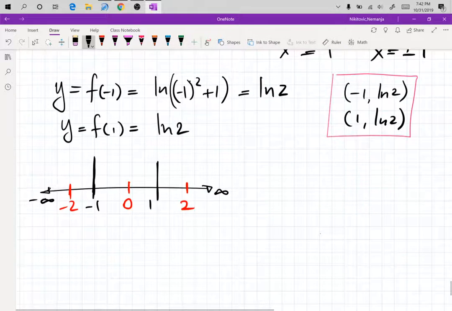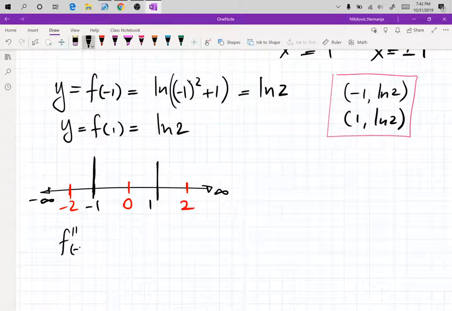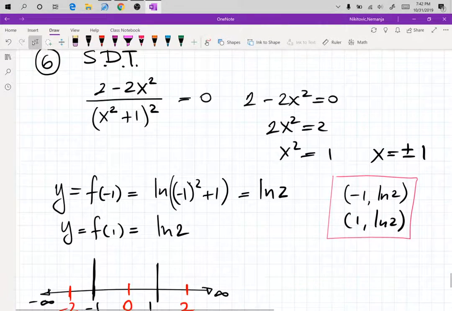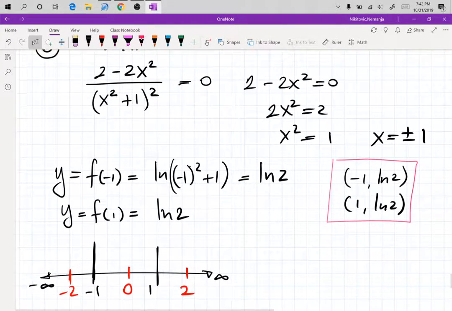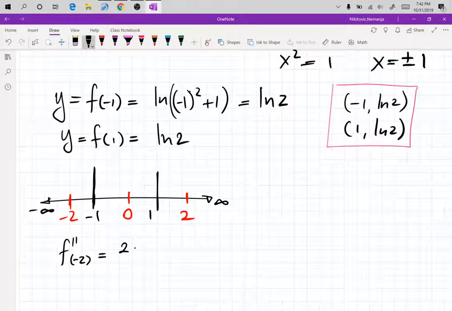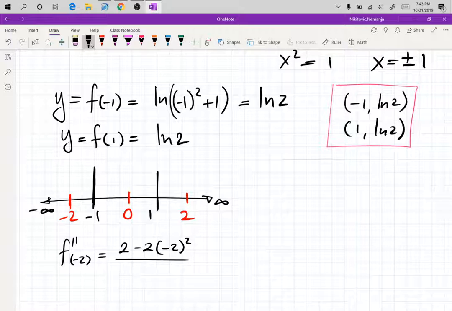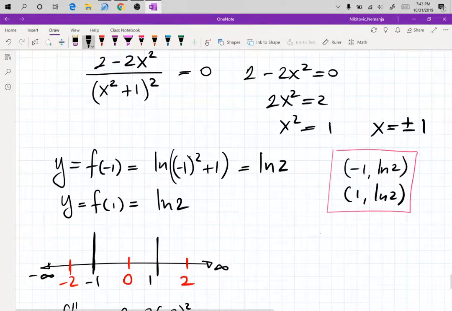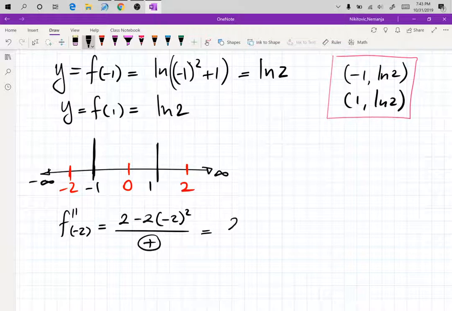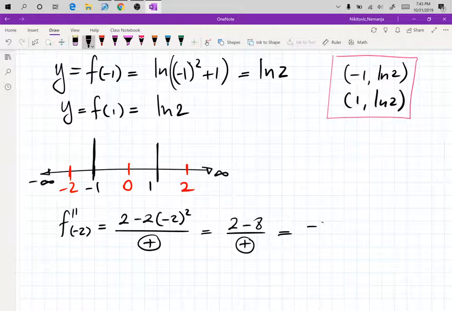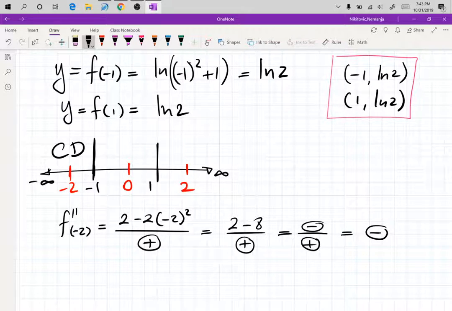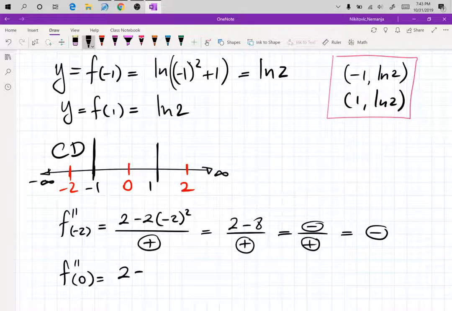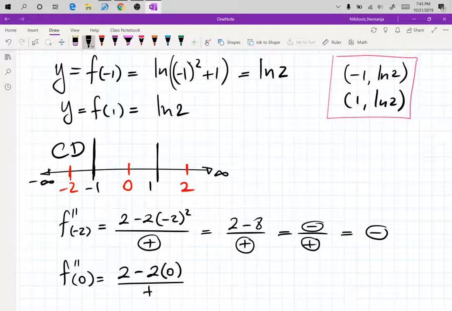And we do the second derivative test for negative 2. That is going to be 2 minus 2 times negative 2 squared divided by a positive number, because the denominator is squared, right? What I get is 2 minus, that's a 4 and 8, divided by a positive. That's negative divided by a positive. We get a negative number, concave down. Second derivative at 0 is 2 minus 2 times 0 divided by a positive.